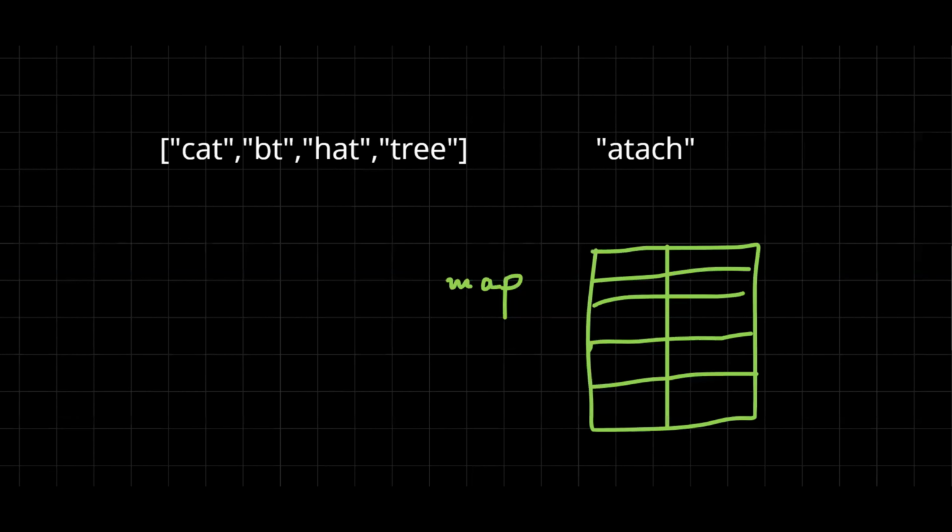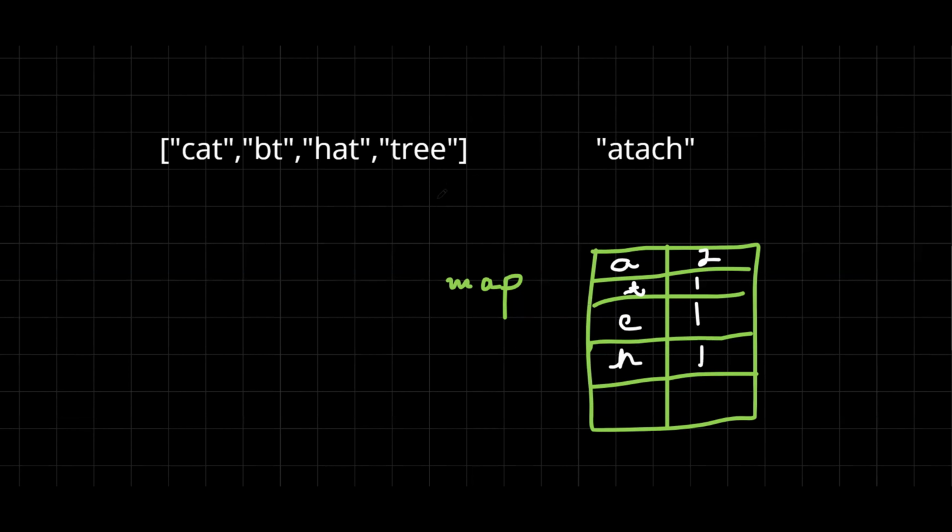So here in attach, A appears 2 times, T appears 1 time, C appears 1 time, H appears 1 time. Now this is the frequency of all of the characters present in the string attach.